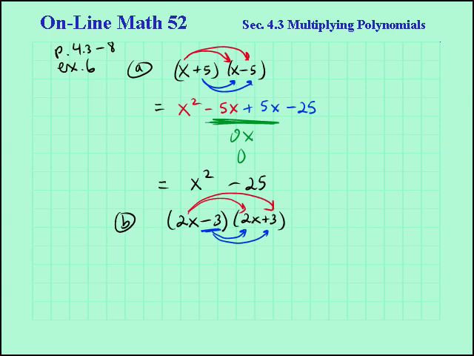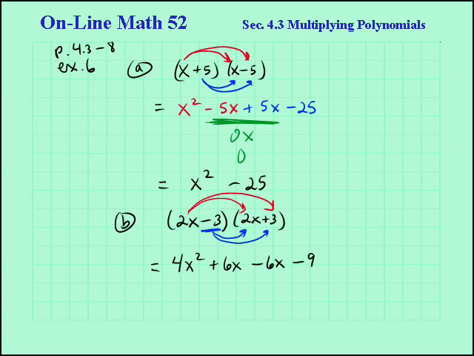And let's see what we get here. 2x times 2x is a 4x squared. 2x times 3 is a positive 6x. And let's see, negative 3 times 2x is a negative 6x. Oh, that's nice. And negative 3 times positive 3 is a negative 9, or minus 9.